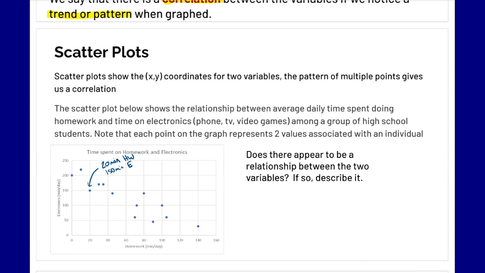They spend 20 minutes on homework and 150 minutes on electronics. Now, does there appear to be a relationship between the two variables? Do we see a trend? Do we see a common thing that's happening? If so, describe it. I would argue yes, we do see a trend. As the homework increases, the time spent on electronics decreases.